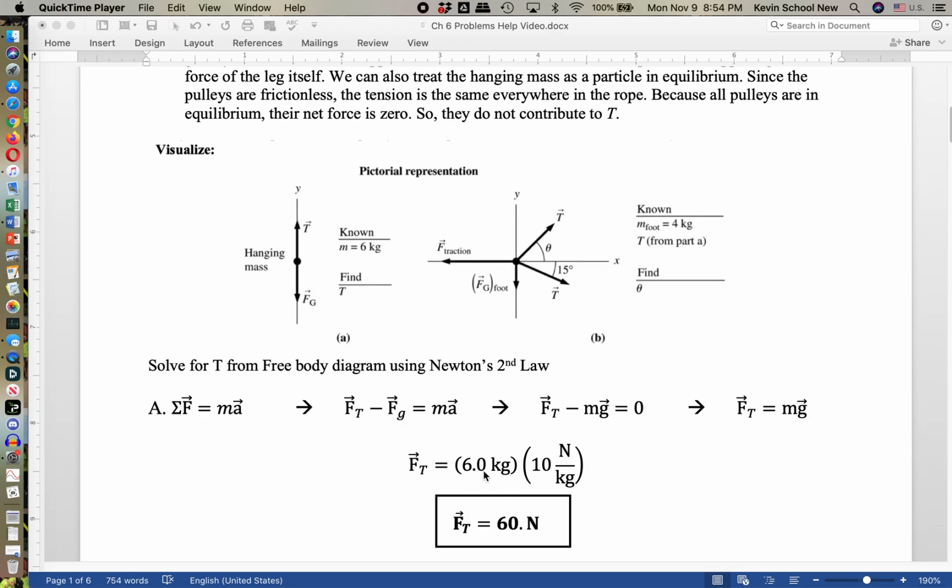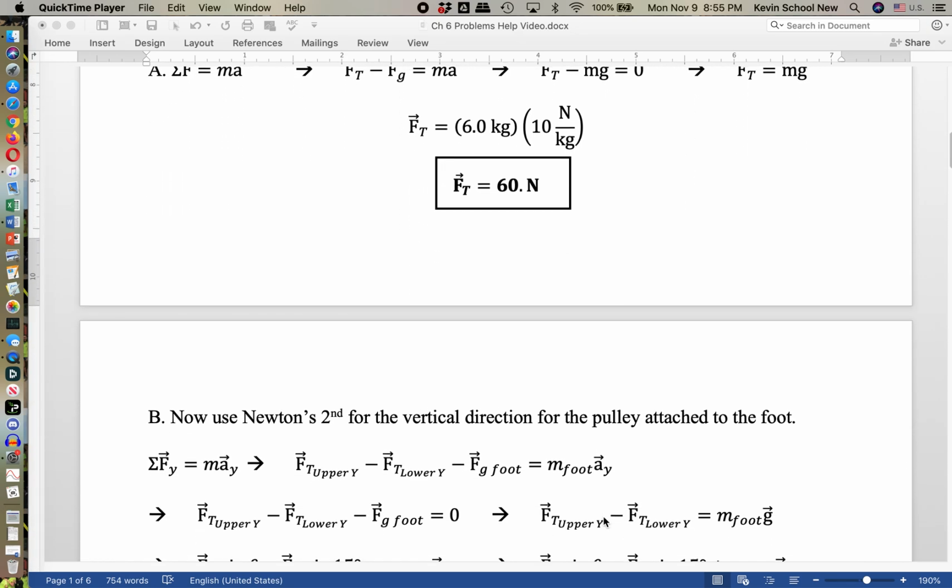They gave us 6 kilograms times acceleration due to gravity. In this case, we'll use 10 newtons per kilogram, the gravitational field strength, and we get 6 times 10. The kilograms cancel out, and we get a tension force of 60 newtons. In the book solution, they use 9.8 instead of 10. On the AP exam, they say use 10. Moving on, so that's part A.